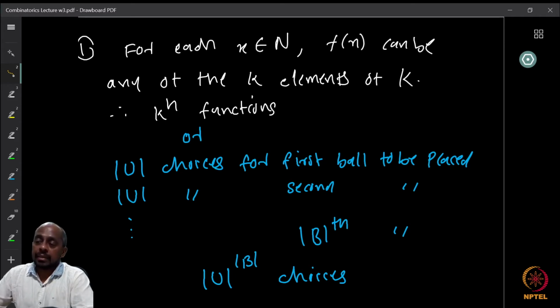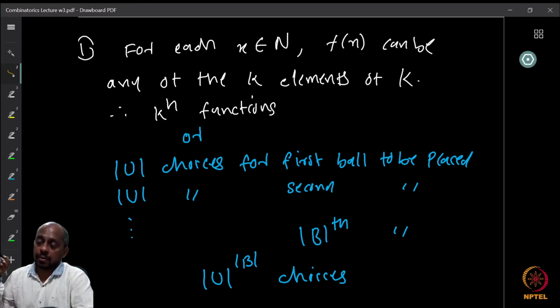Okay. And in the terminology of urns and balls, we have cardinality of u choices for the first ball to be placed, and cardinality of u choices for the second ball to be placed, because any possibility is allowed. You can put as many as you want in any of the urns, and so therefore the ball has that many choices.